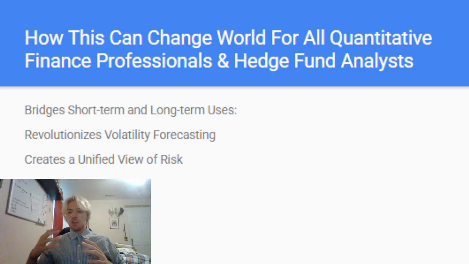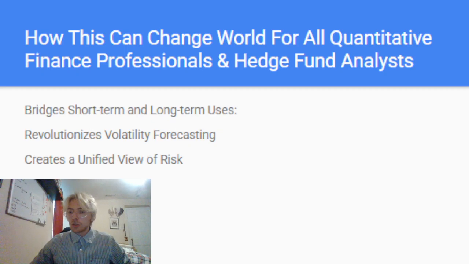How can this change the career of what's to come for financial professionals and hedge fund analysts? The answer to that is both complicated and not complicated. Before, if you wanted to choose a model, you had to take the sacrifice of doing one or the other.